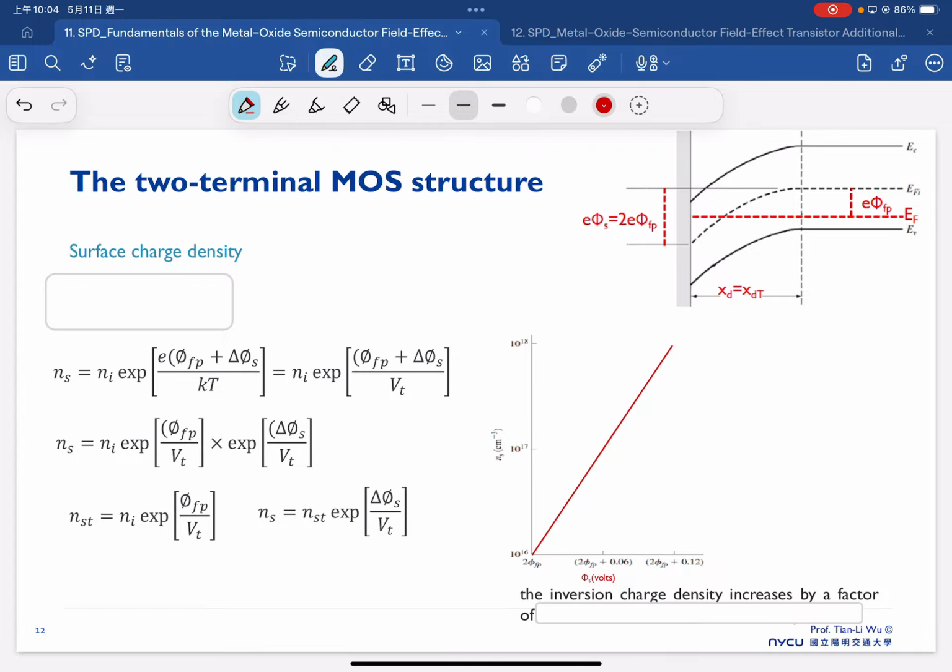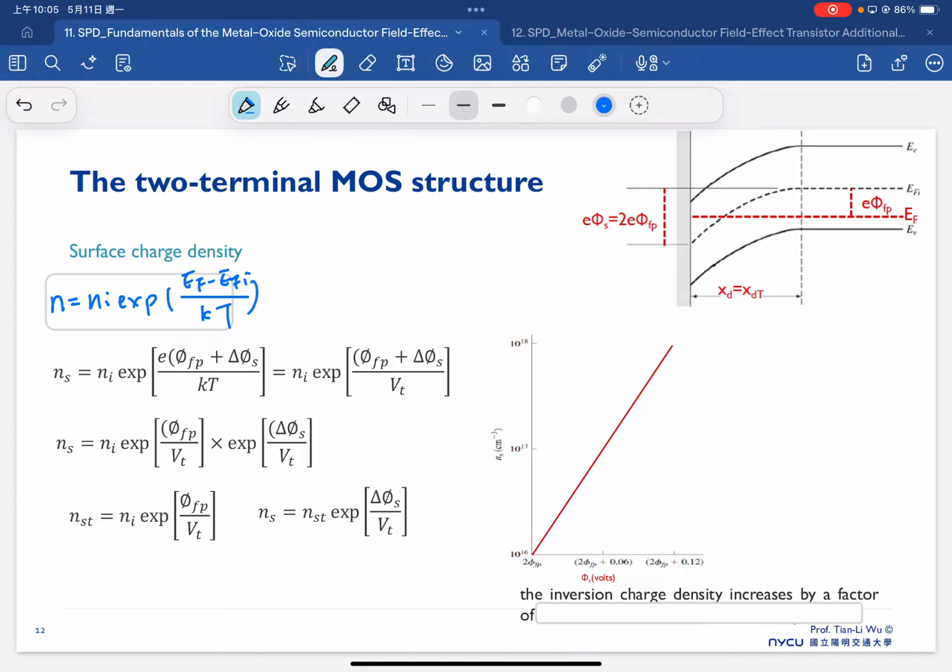So let's go back to one fundamental equation where N is equal to Ni exponential (EF minus EFi) over kT. That's our very fundamental equation here.